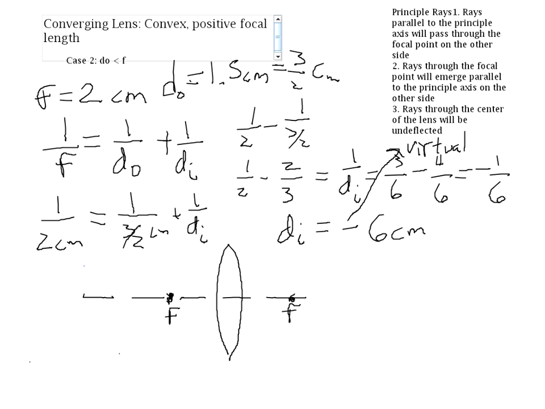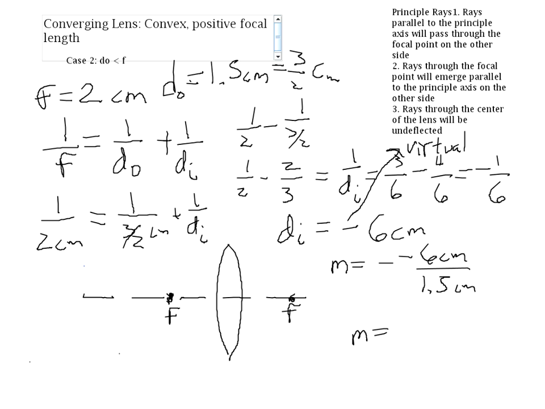As for the magnification, we have m equals minus di over do. Di is minus 6. Do was 1.5. So we have a magnification of 6 over 1.5, which is 4.